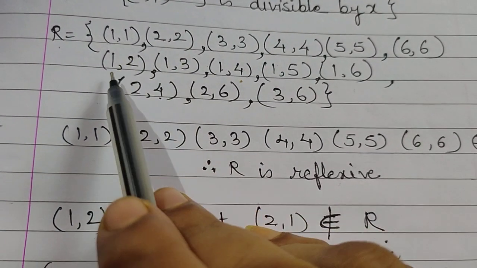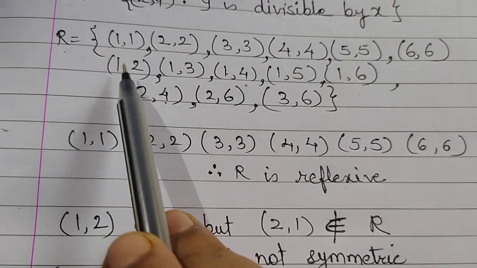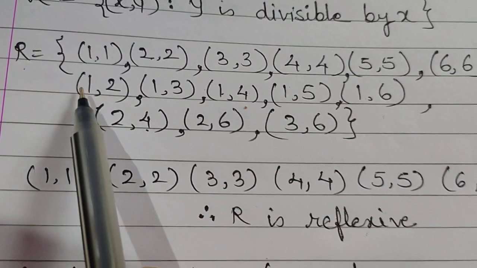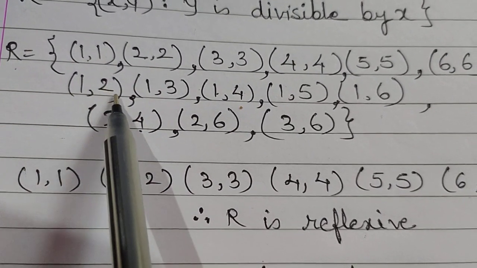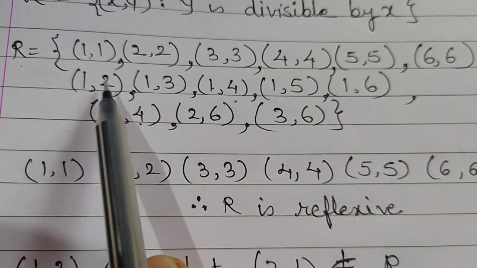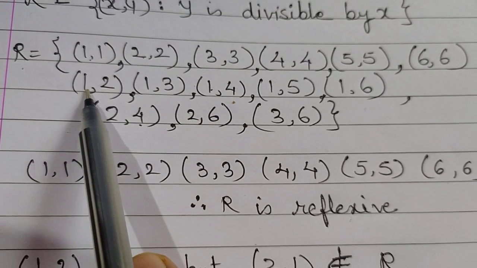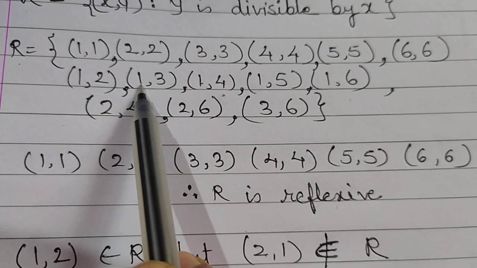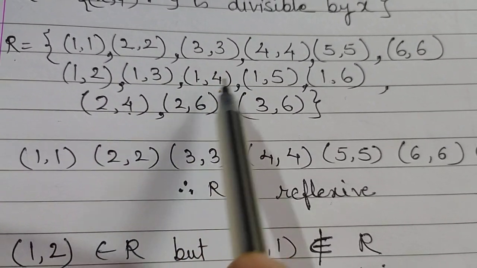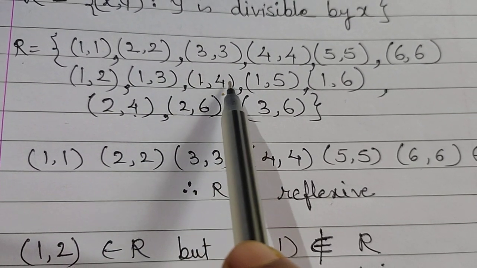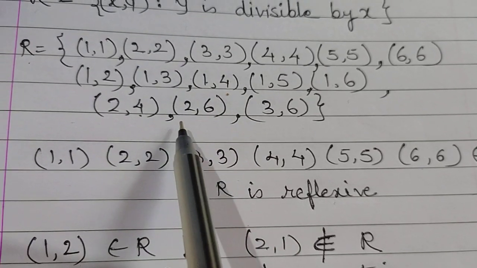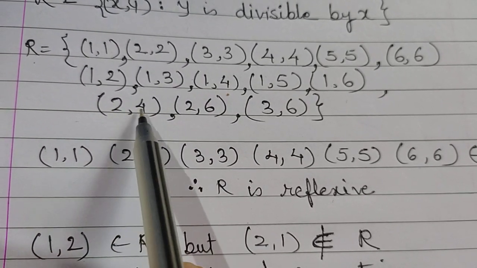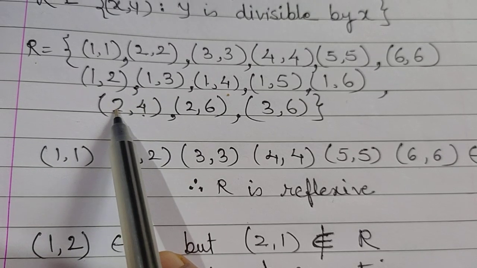Then we check the symmetric property. Observe the set R carefully. (1, 2) is there, but (2, 1) is not there. (1, 3) is there, but (3, 1) is not there. (1, 4), but (4, 1) is not there. Similarly (2, 4) is there, but (4, 2) is not there.